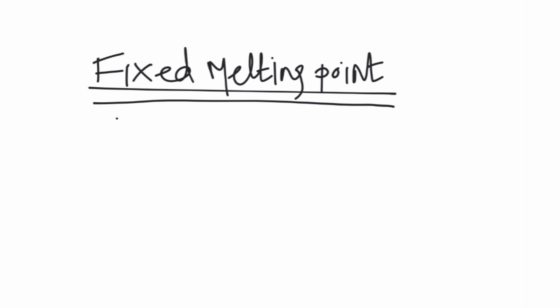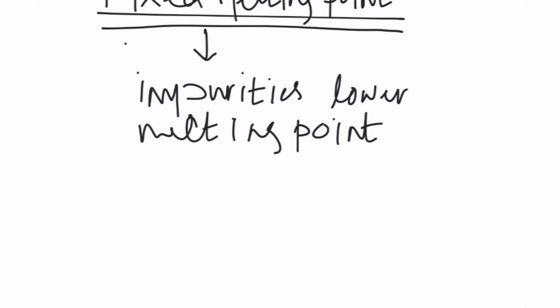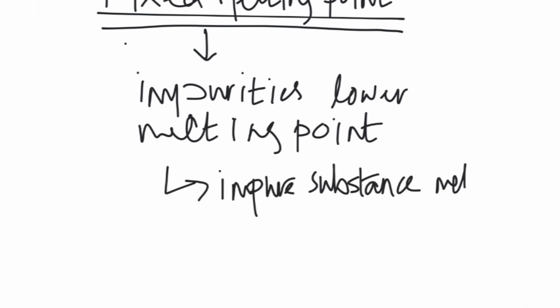For example, if pure stearic acid melts at 70 degrees Celsius, then if it is pure, it will melt at 70 degrees Celsius. If it melts at a temperature lower than that, it means that impurities are present. So we can also say that impurities lower the melting point, and if a substance is impure, it will melt over a range of temperatures.